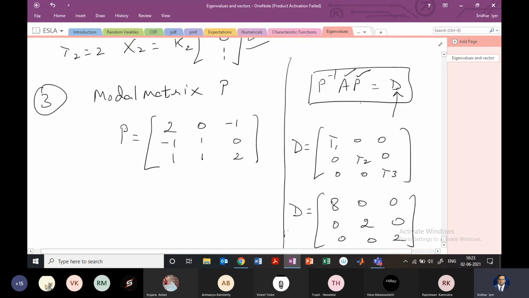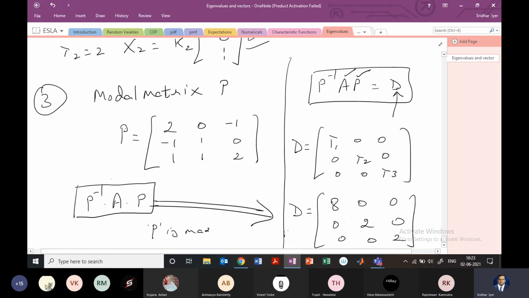So all we have to do now is to prove that P is the modal matrix of A. We have to see if P inverse into A into P turns out to be this diagonal D. If this multiplication P inverse AP equals this matrix D, then I can safely say that P is the modal matrix of A. So ultimately our aim is to find P and justify that P is the modal matrix of A. We just need to equate LHS with the RHS.